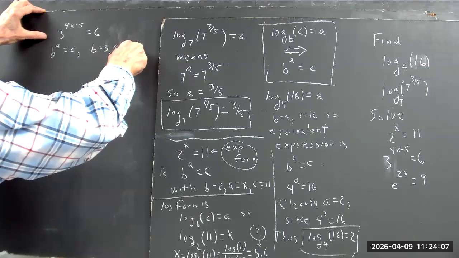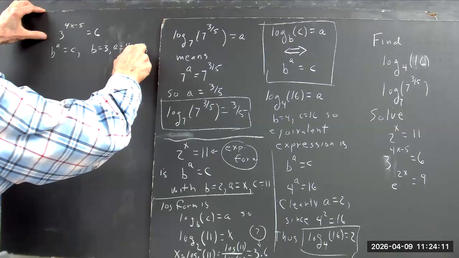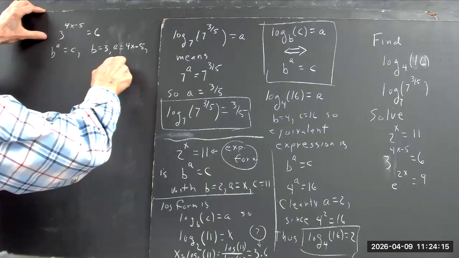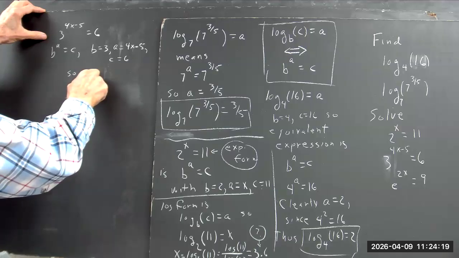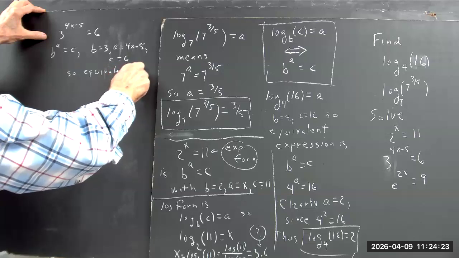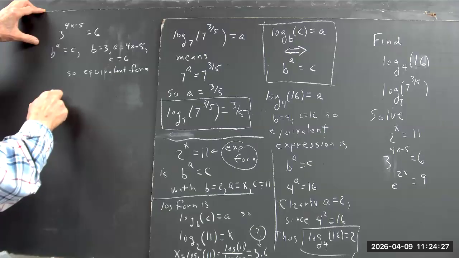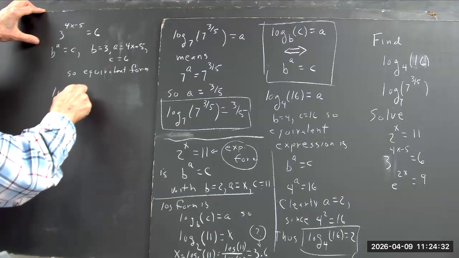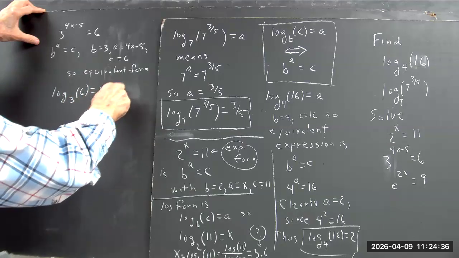A equals 4x minus 5. And C equals 6. So equivalent form is what? It's log base 3 of 6 equals 4x minus 5.